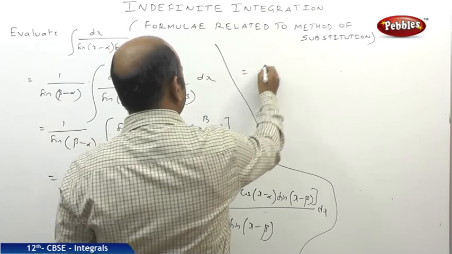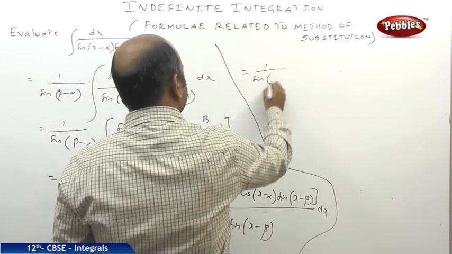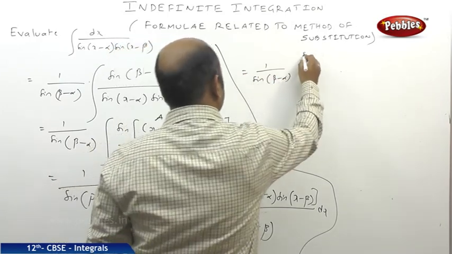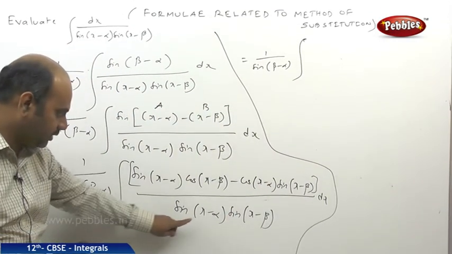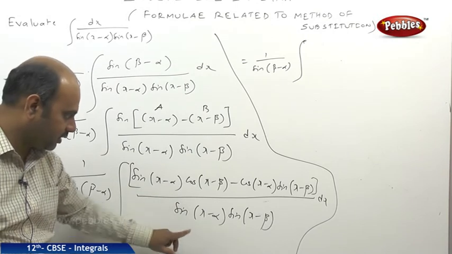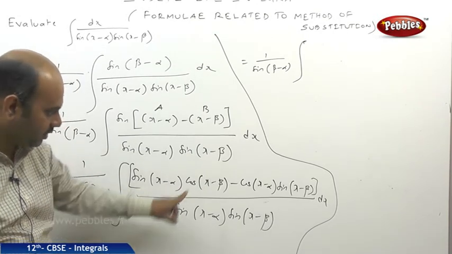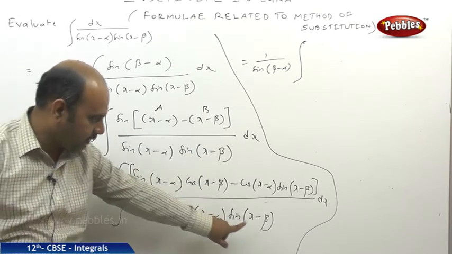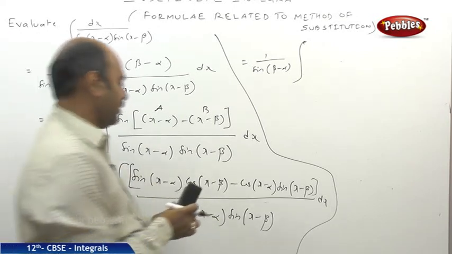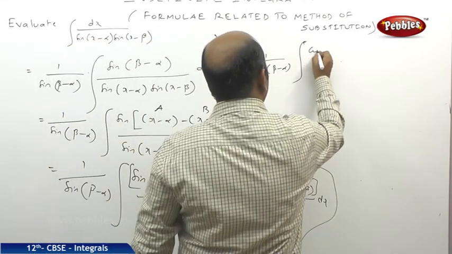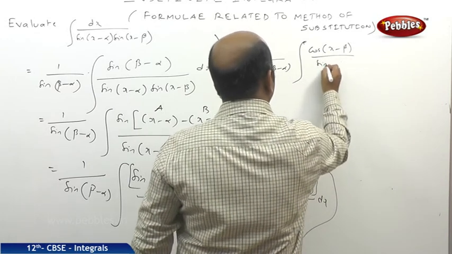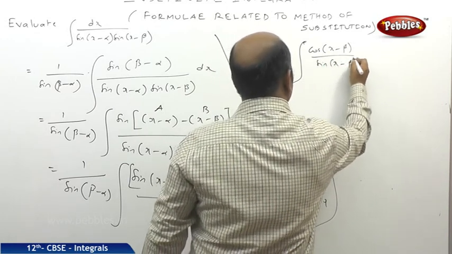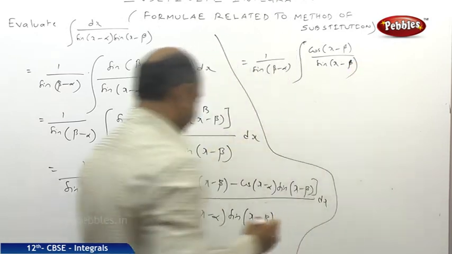If you observe carefully, 1 by sine of beta minus alpha into integral of a by c. A by c means sine of x minus alpha gets cancelled, there remains cos of x minus beta divided by sine of x minus beta.